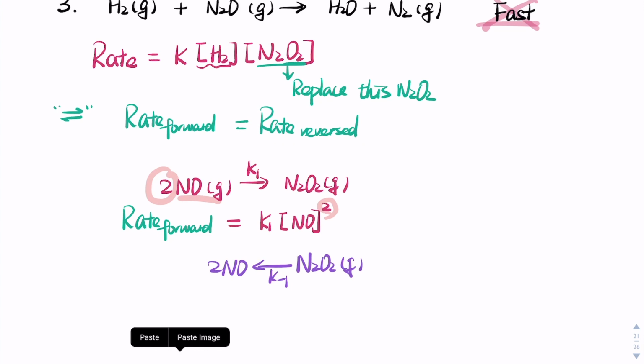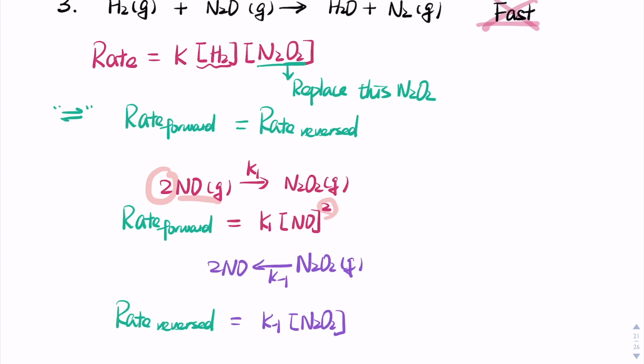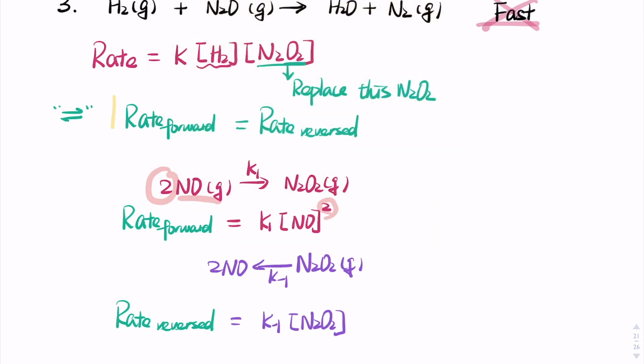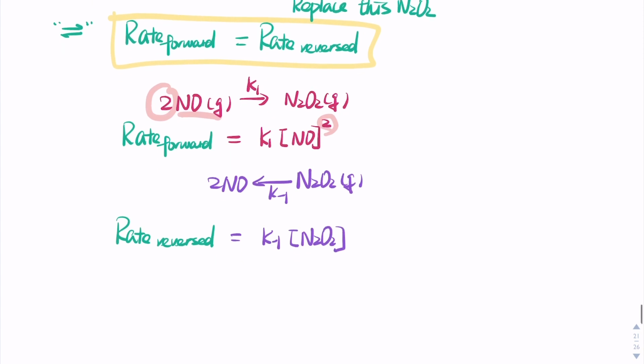The reverse rate will equal K minus 1 times N2O2, because it's going from right to left. As we said, the key point is that the forward reaction rate will equal the reverse reaction rate. So now we can have an equal relationship.